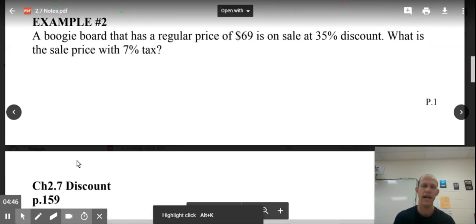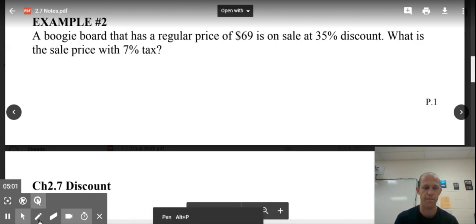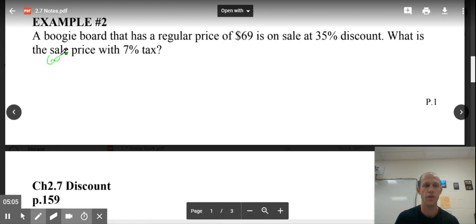A boogie board that has a regular price of $69 is on sale at 35% discount. What is the sale price with 7% tax? This is an example, just like in the last video, that you have to find what the discount is and then do the tax after that. So with the first method, we have to first find what your discount price is going to be.